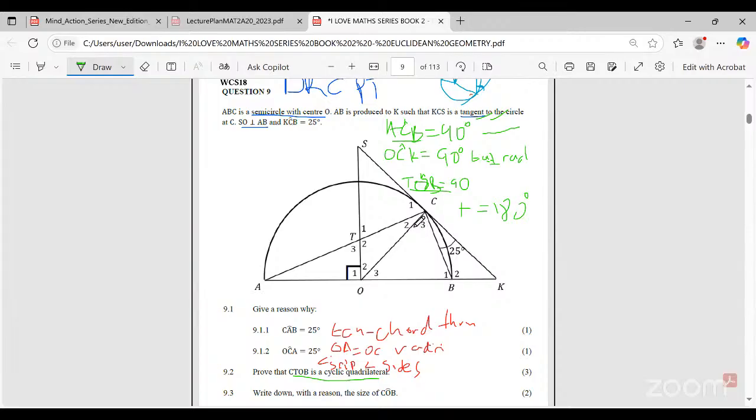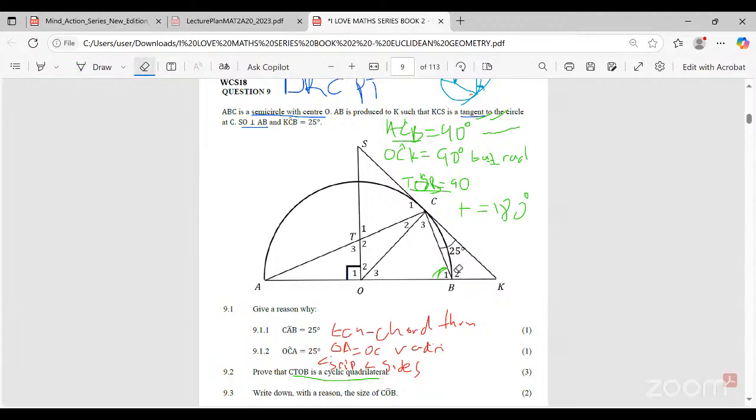Which one, BCK? Yes, it's 25. So I would say that OBC is also 25 degrees. Which one? O3, this one. No, sir. OBC. Is OBC 25 degrees?